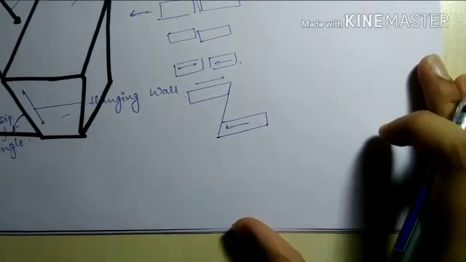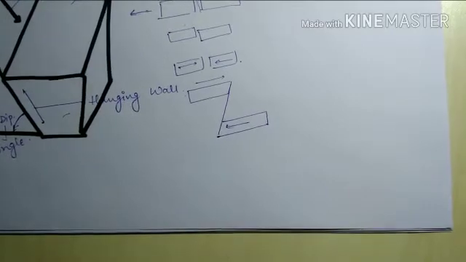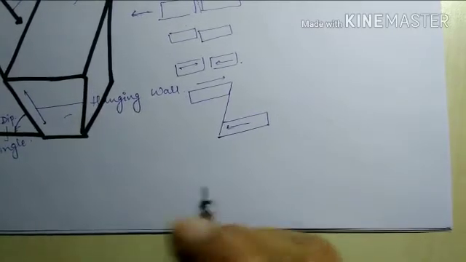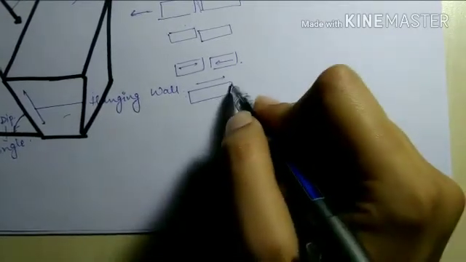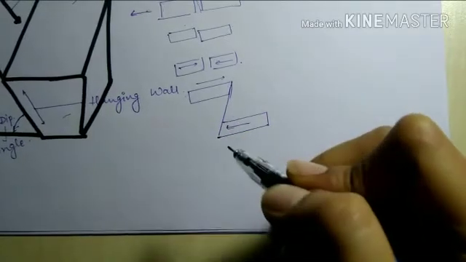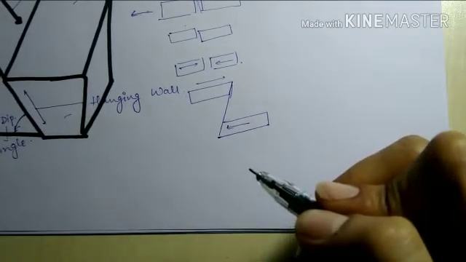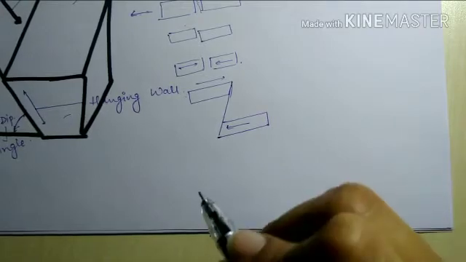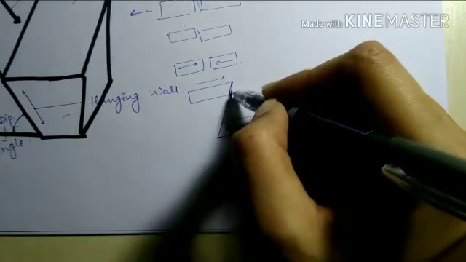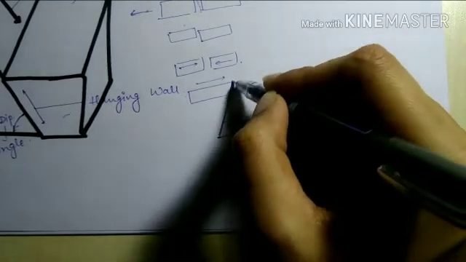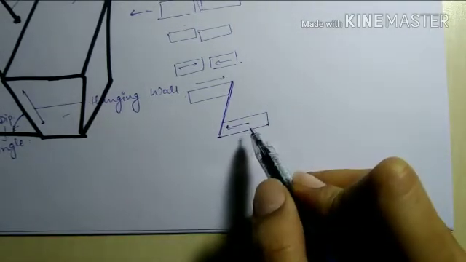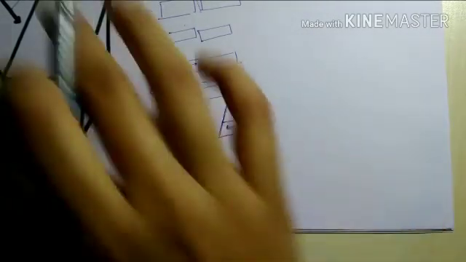Get it? So in simple words, in the reverse fault, the fractured blocks move towards each other, and hence form the reverse fault.